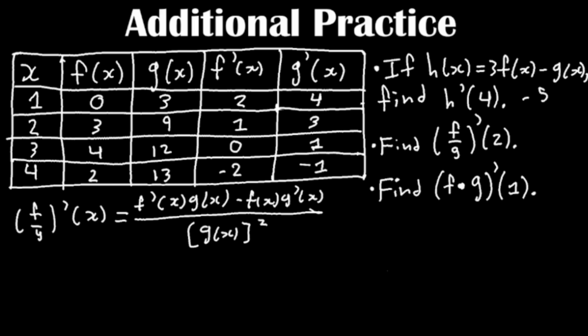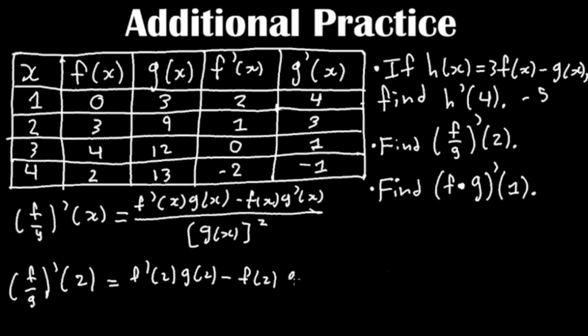So now let's just plug in 2 into that. So f over g prime of 2 is f prime of 2 times g of 2 minus f of 2 times g prime of 2, all over g of 2 squared.